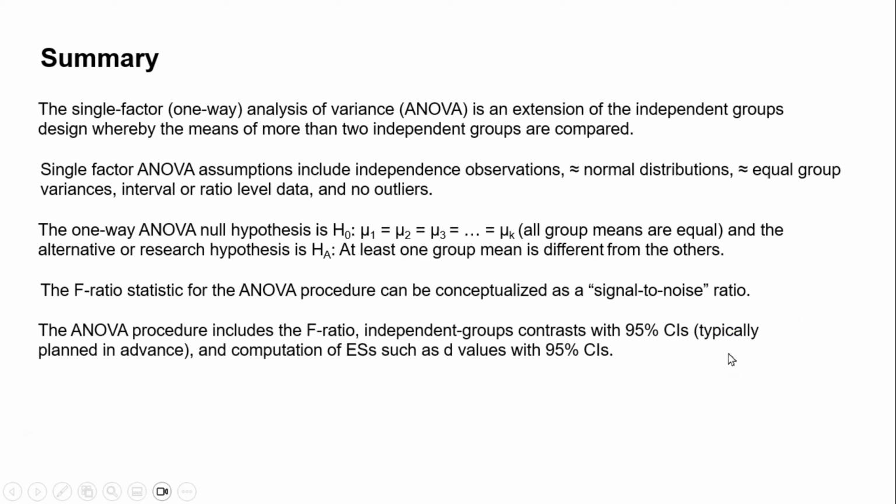The ANOVA procedure includes the F-ratio, independent groups contrasts with 95% confidence intervals. Typically, that contrast is planned in advance, and the computation of effect sizes, such as d-values, with corresponding 95% confidence intervals.